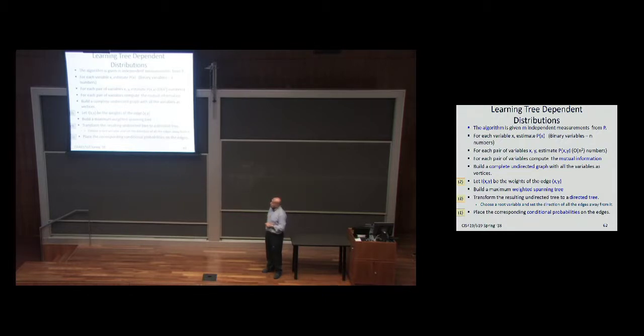This is the right thing to do, and this is directly related to the fact that I'm measuring distance between distributions using this KL divergence, which I defined before. And then three is that transforming the resulting undirected tree to the directed tree can be done this way, by just choosing any root variable I want, making it a directed tree.